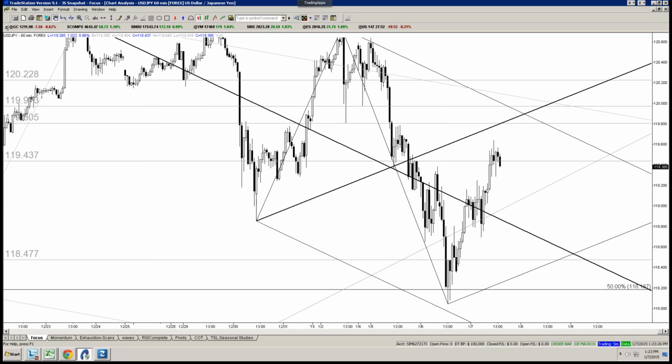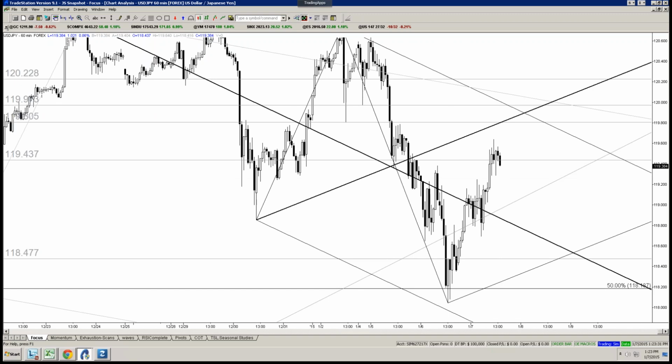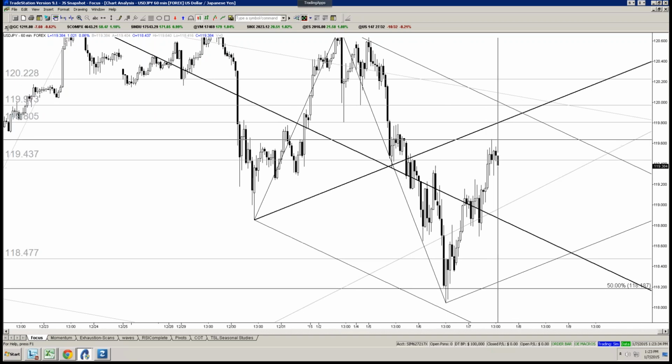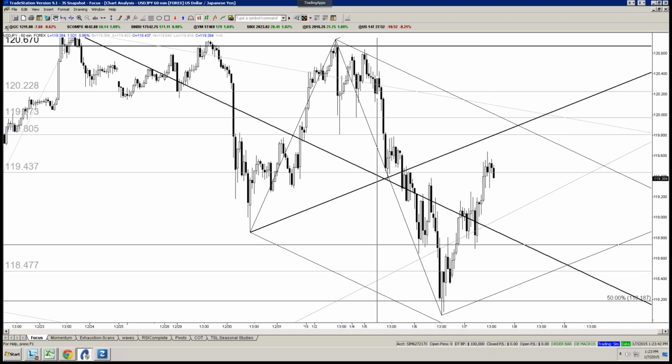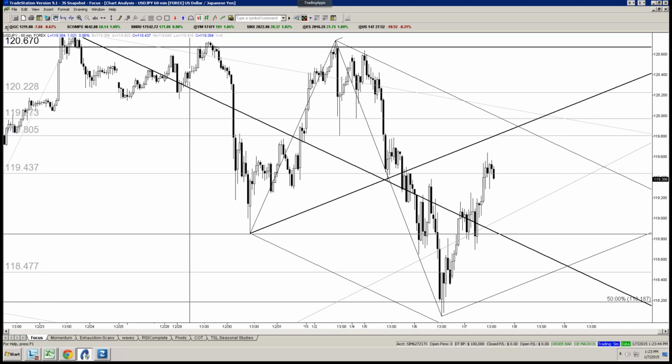You've also got 119.87, the open for the year as well as the month, okay? Here, so 119.80 to call it 120 or so.